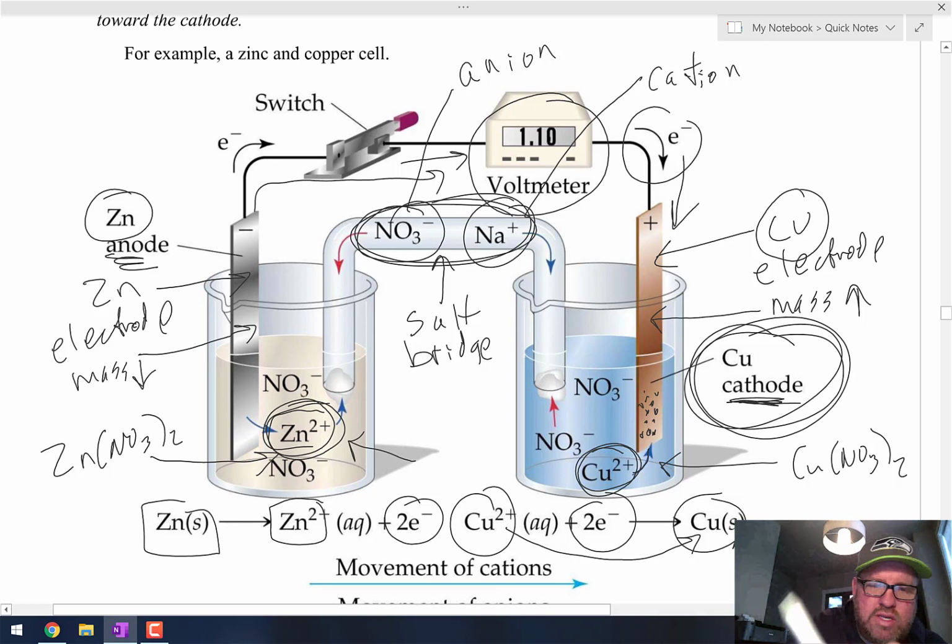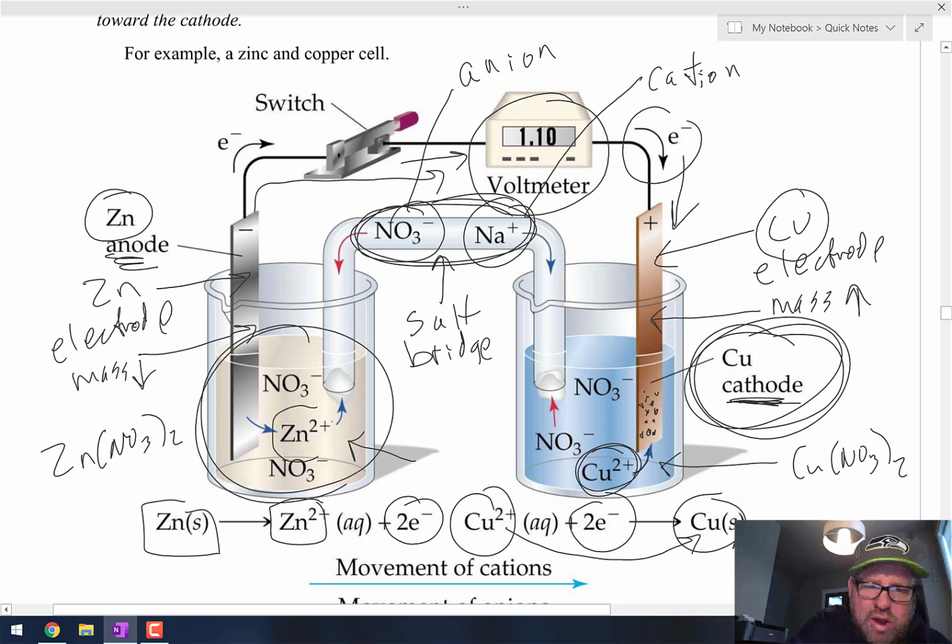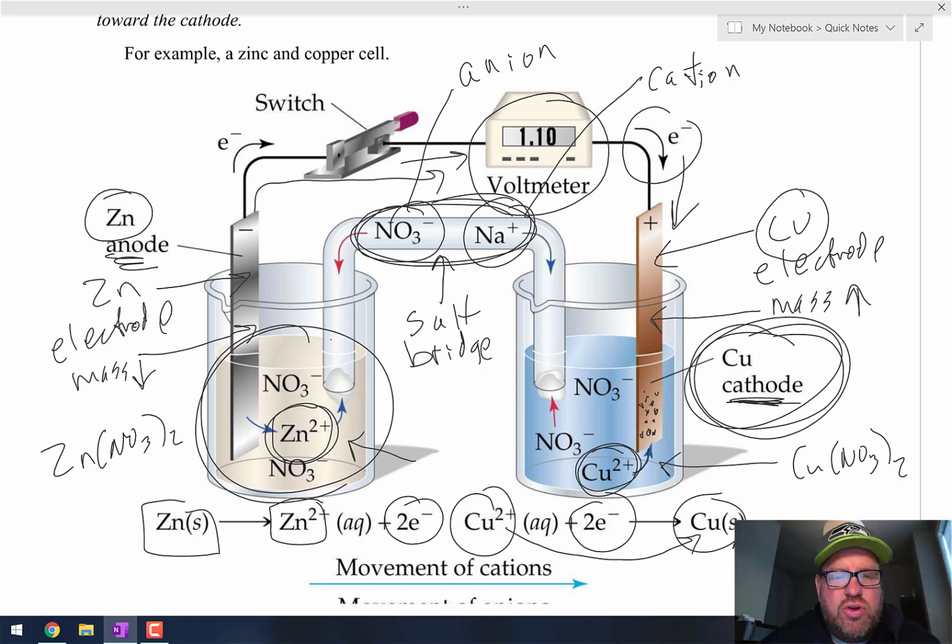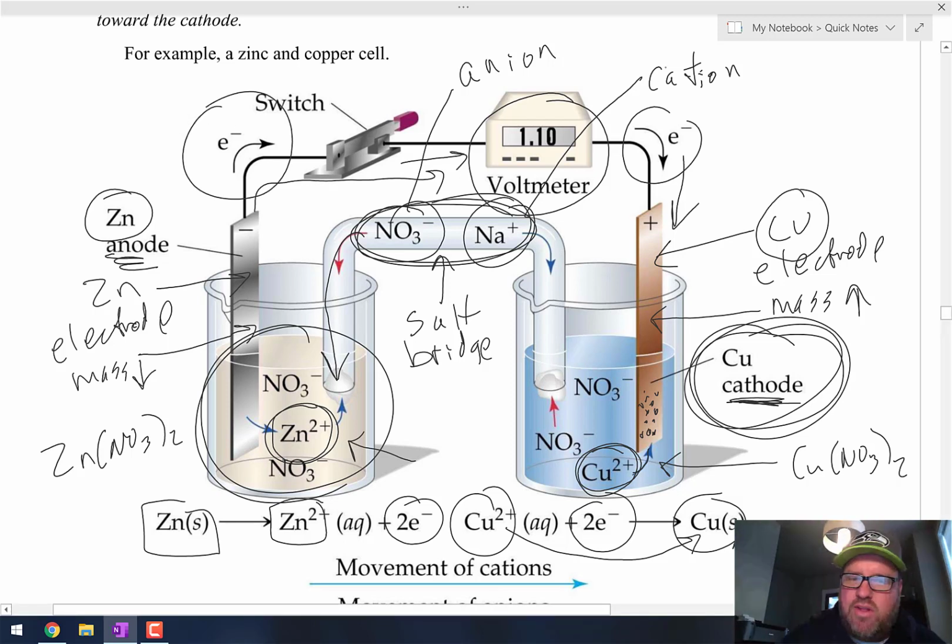Because over here on our left-hand side, we're starting to get an increase in positive charges. In order to maintain the electrical neutrality of the solution, the nitrates have to flow into here. With that increase in positive charges, those negative charges come in to keep that solution electrically neutral. And that will still allow these electrons to keep flowing.